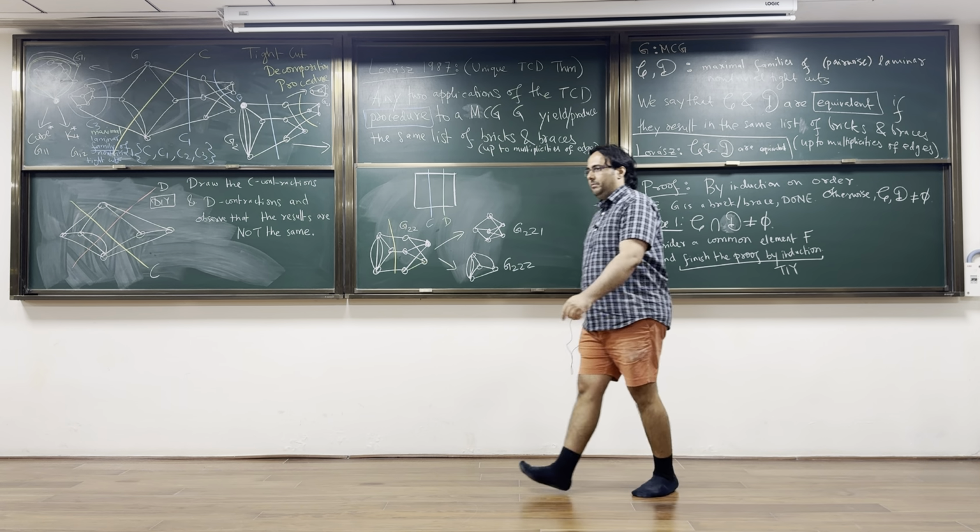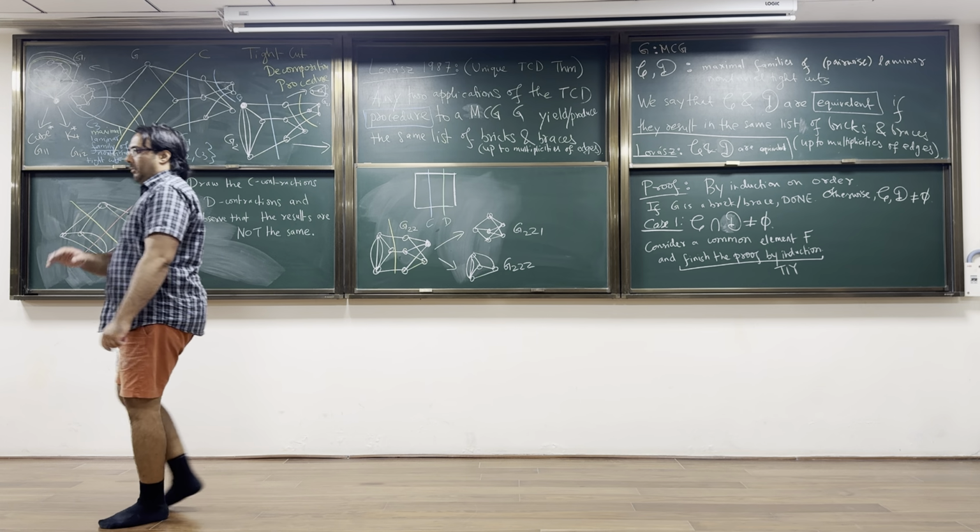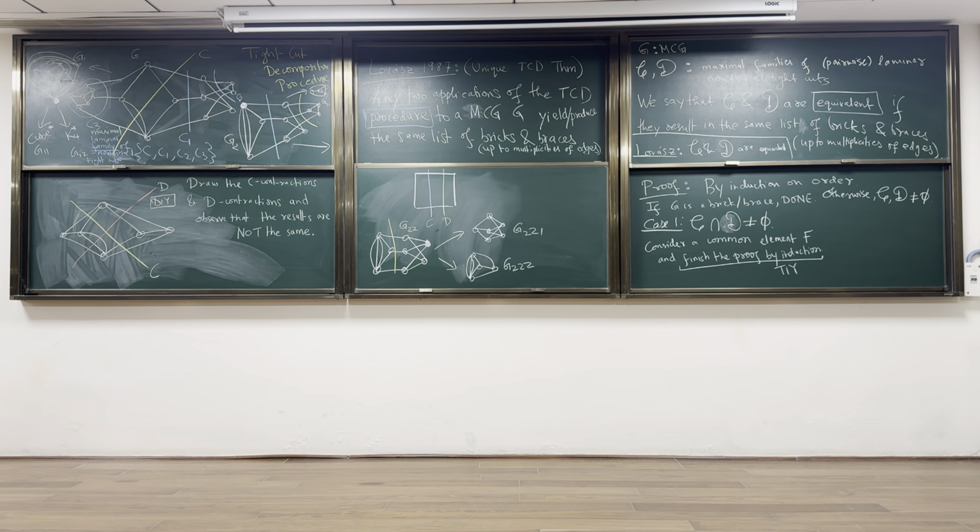We'll complete it next time, but in the meantime you can think about it yourself. See if you can write down the details and check that everything is okay. So if they have a common cut, then we will be done. That's the statement.